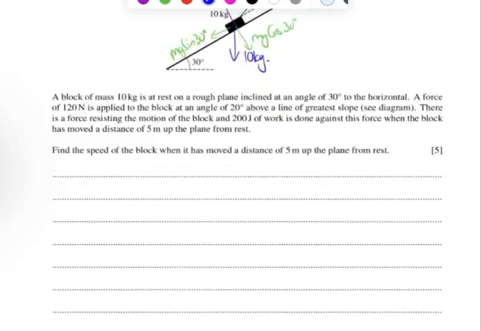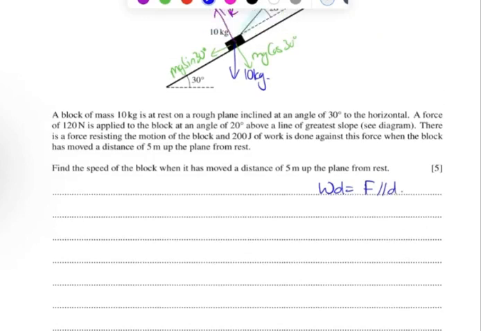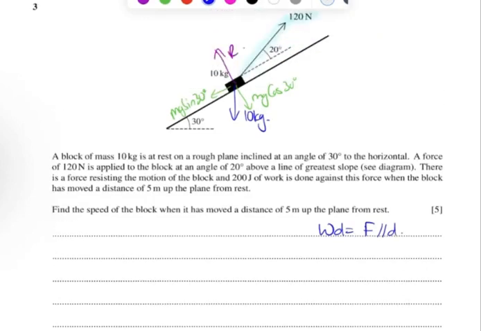Okay, so we need to remember, how do we connect joules to force? So our work done is our force, and then it must be parallel to our distance. There's a force resisting the motion of the block, 200 joules of work done against it.